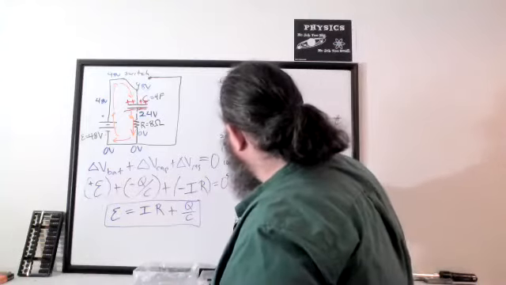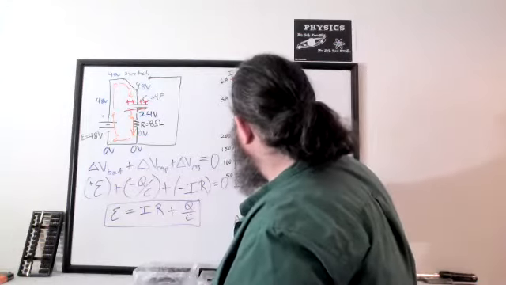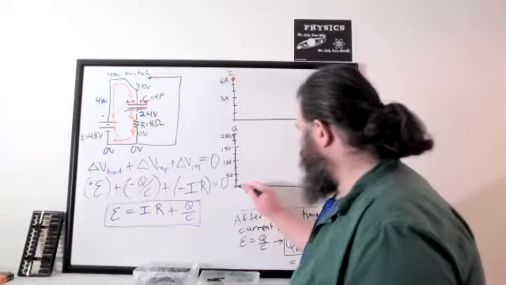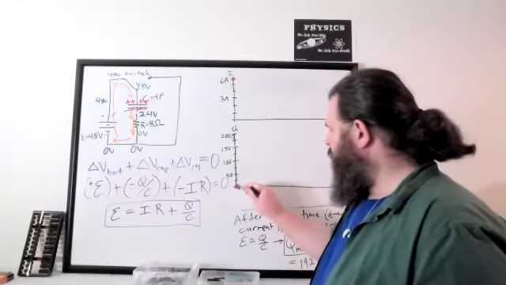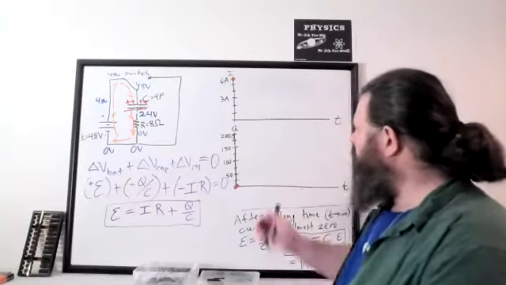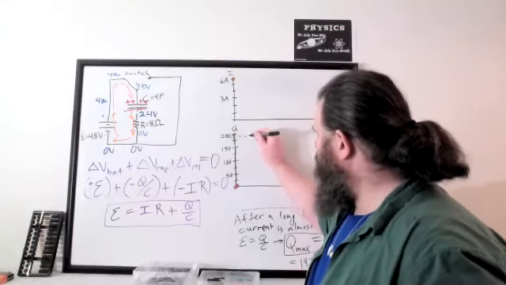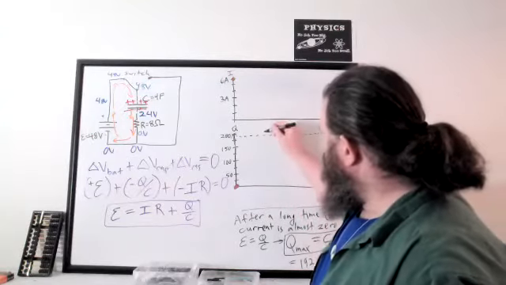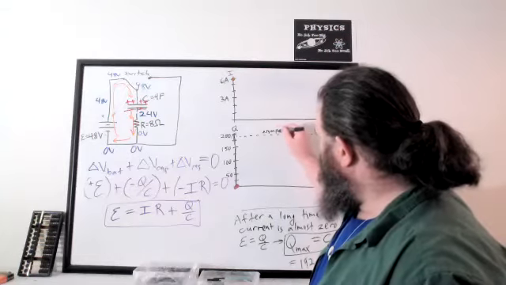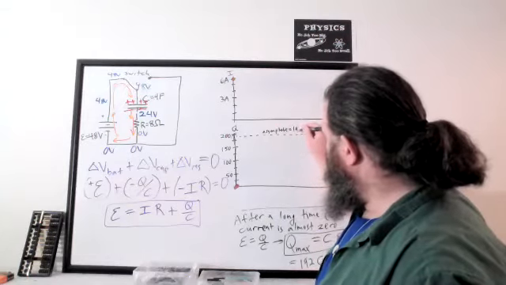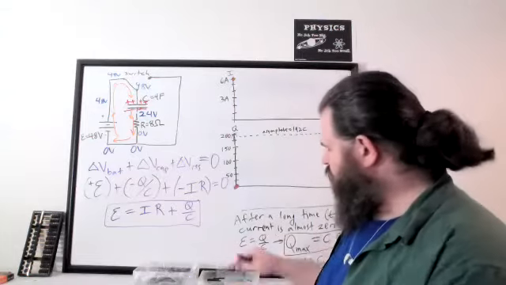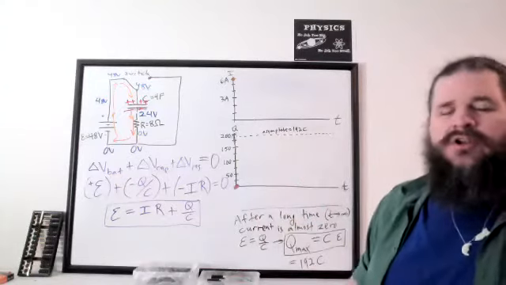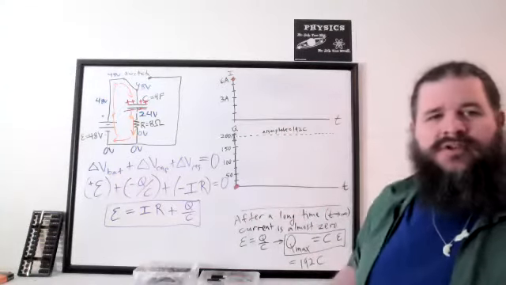We start at 0. Because we start with the capacitor empty. But we know we're going to approach an asymptote just below 200. All right, so what do we know is going to happen to charge or to current? Current starts off at 6. What's going to happen to it?